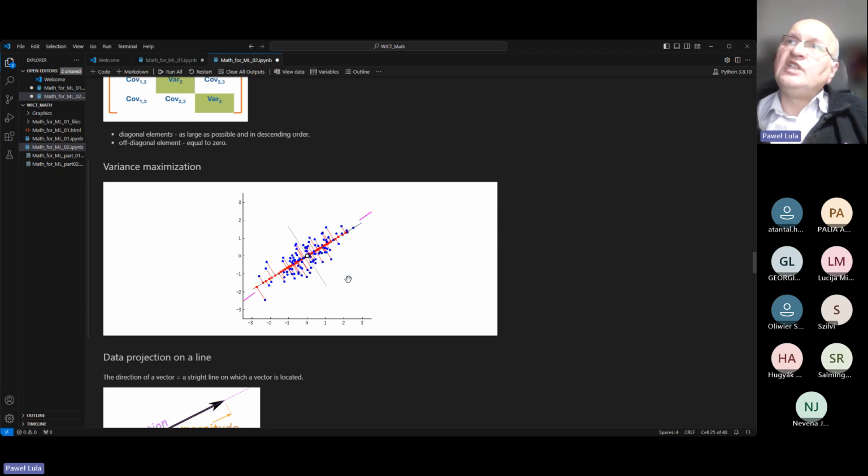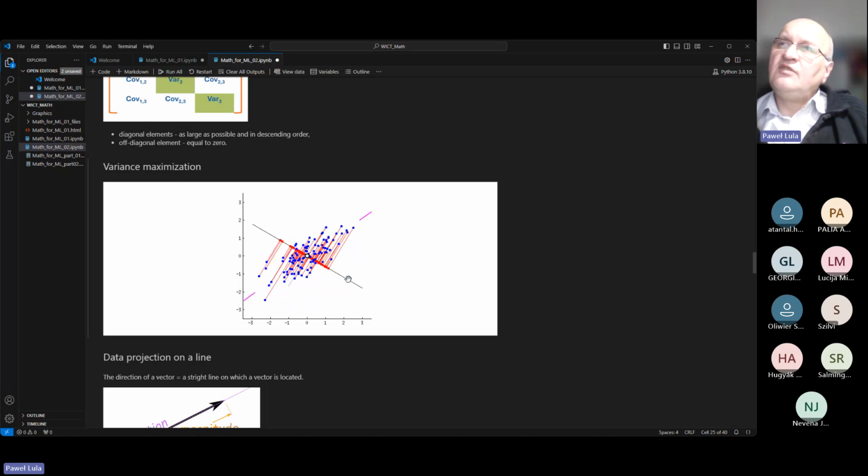The amount of information represented by this axis is the variance calculated for projections, for these red points. And we should find this position for which the variance, meaning dispersion along the mean value, is the biggest.